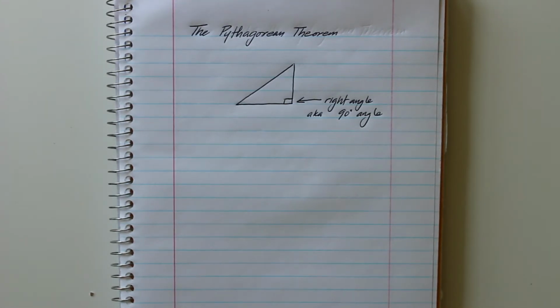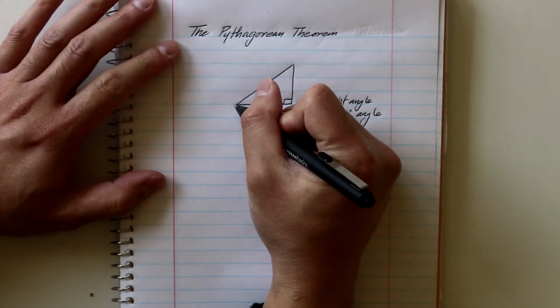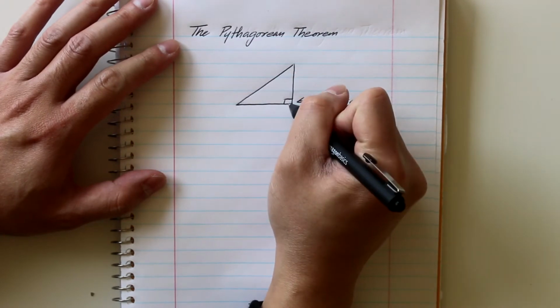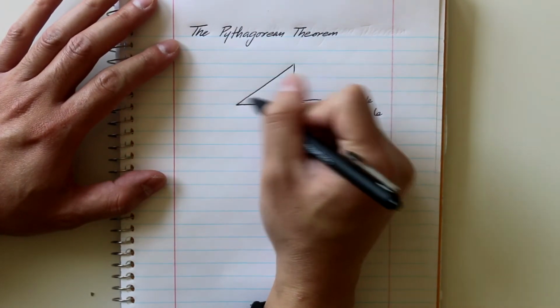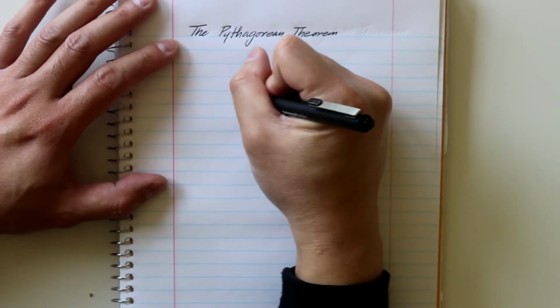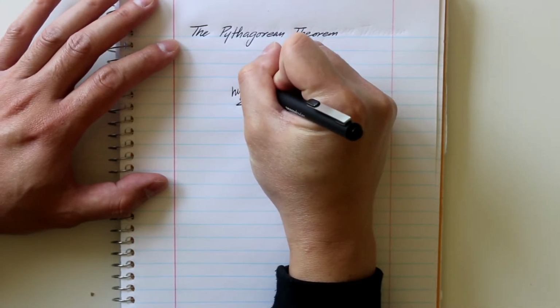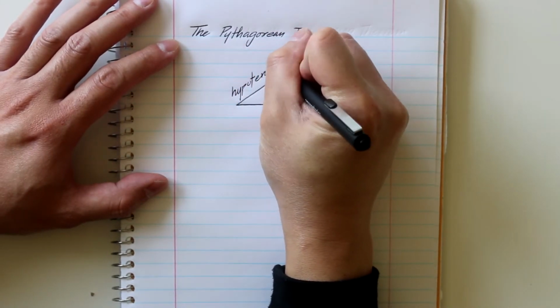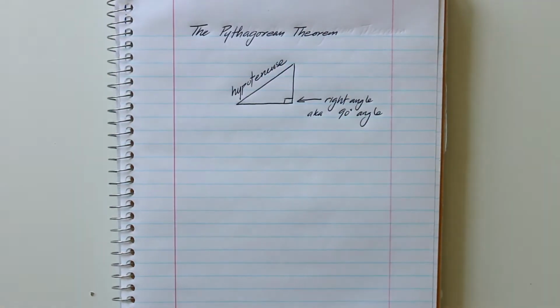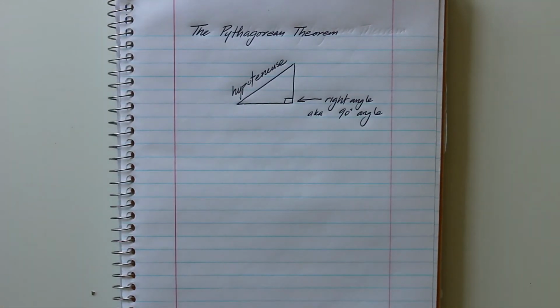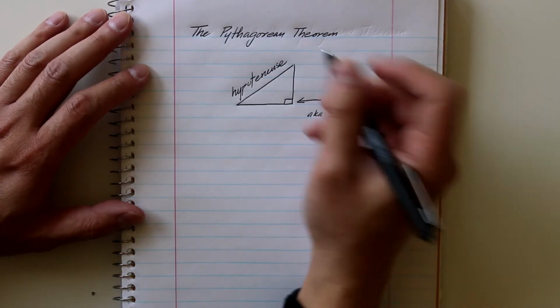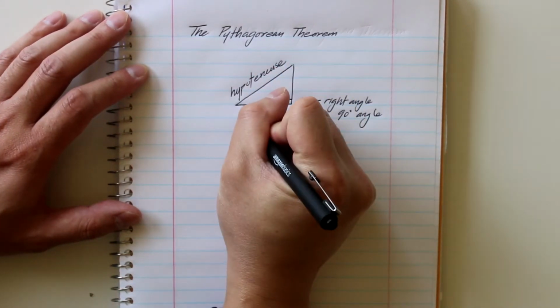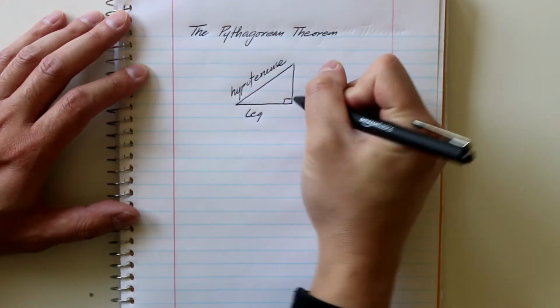Now, the parts of the triangle are also important to know as well. Notice that this side, which is opposite of the 90-degree angle, is the longest side. We call this the hypotenuse. And the two smaller sides, we call these legs.